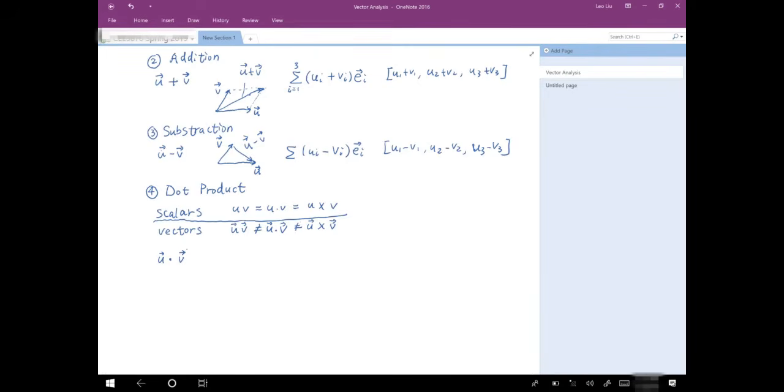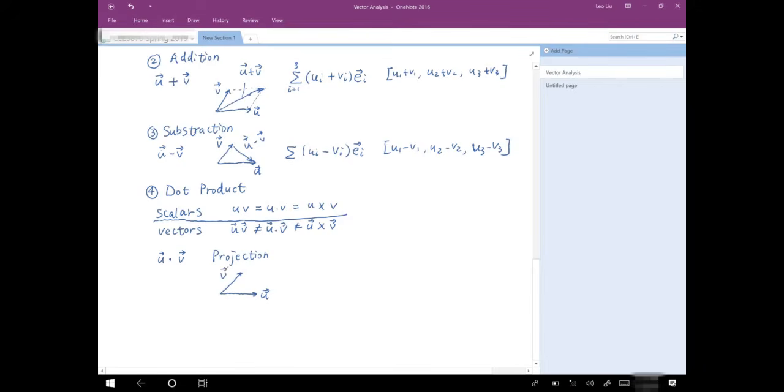And the meaning of a dot product, here I just write down the meaning of it, is something called projection. So let's say that we have a dot product of u and v here. So this is u and this is v.